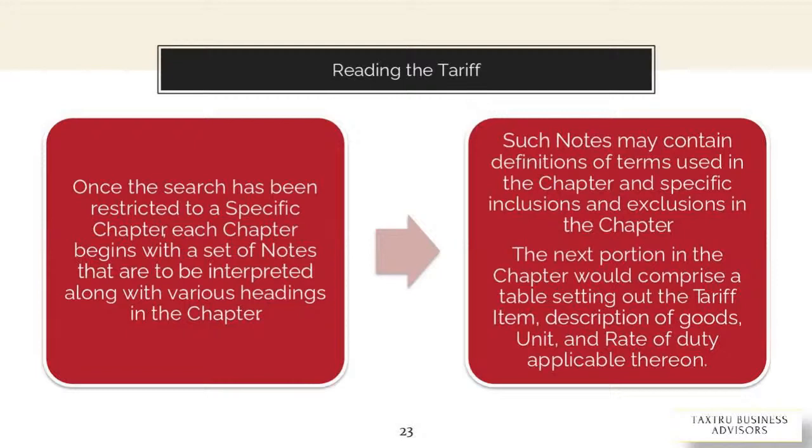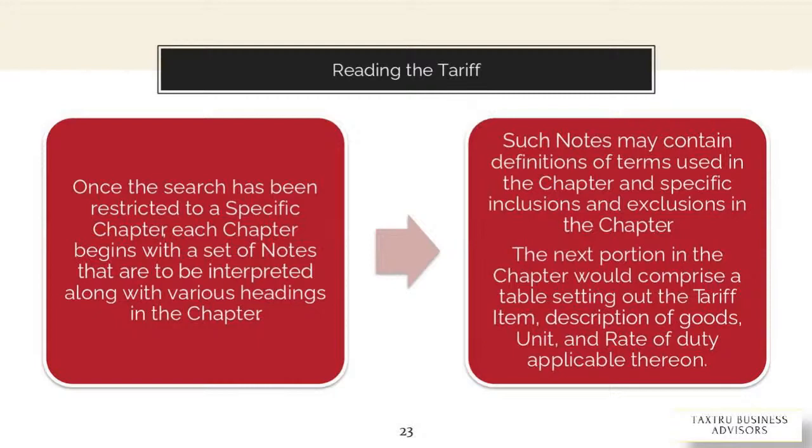Now you see, when we are talking about a particular heading, there might be usage of certain words in that heading. What is the definition of that particular word given in the heading?